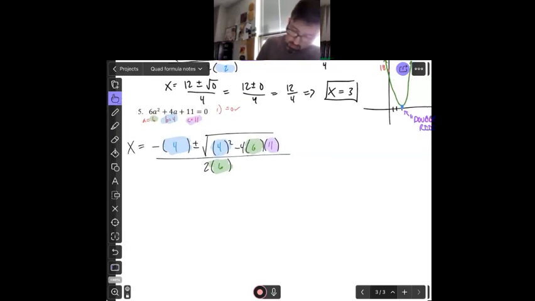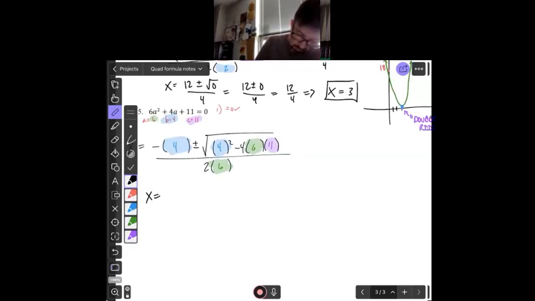And then I start simplifying. So x equals, just doing those outsides, negative 4, plus or minus my radical, all over 2 times 6, which is 12. Then I go inside and look at my square.